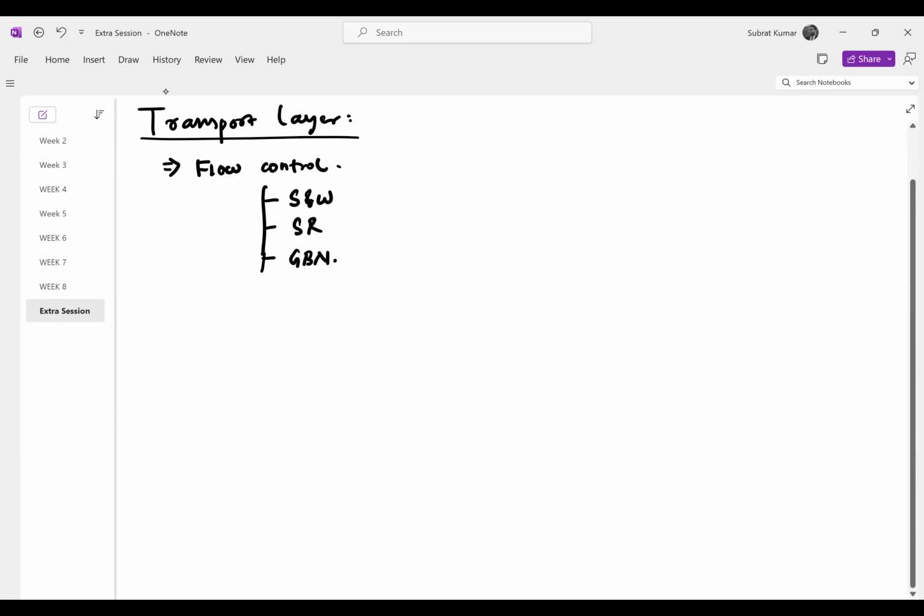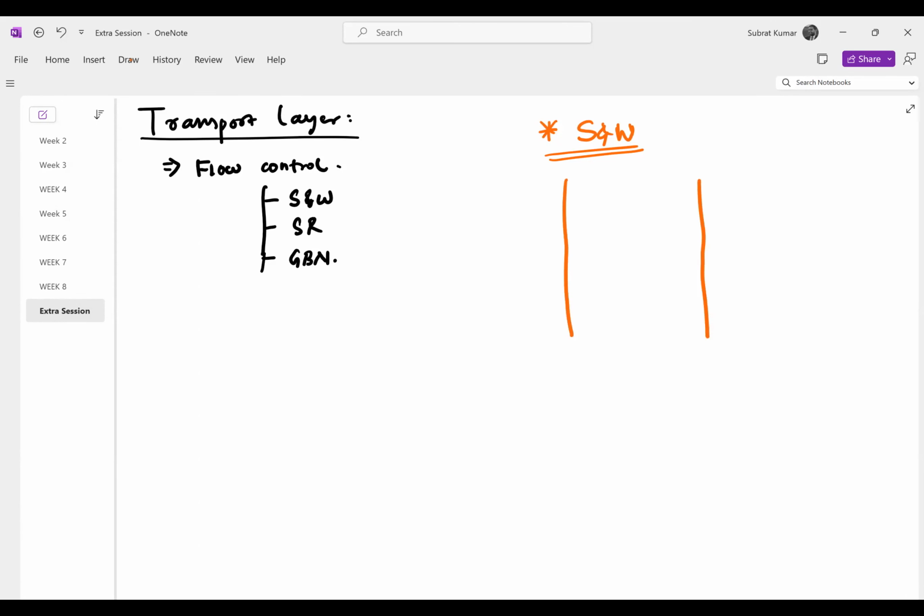So stop and wait. There is a sender and a receiver. The sender sends the packet and waits for some time. It starts a timeout timer. If the receiver responds within time, this is the data and this is the acknowledgement.